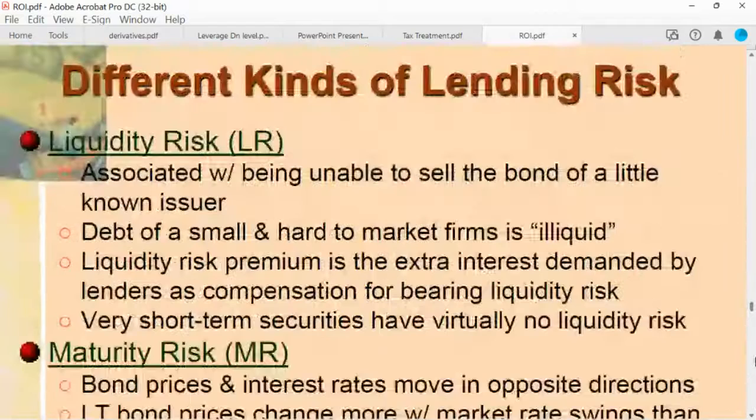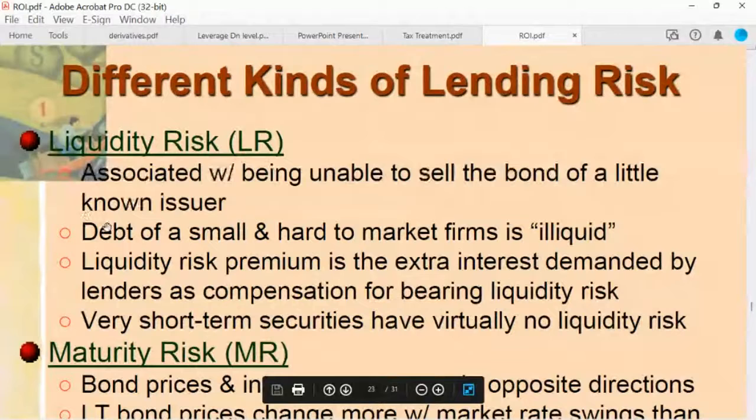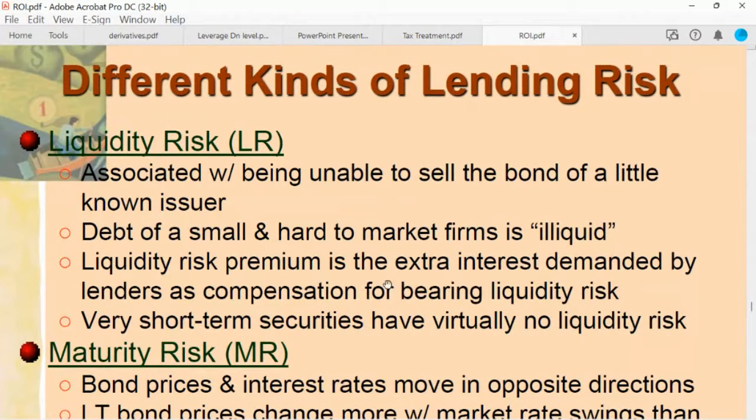So what is liquidity risk premium? What is liquidity, first of all? Liquidity means how easily you can convert any asset into cash. That's just the first level of definition. It can be defined on at least 3 levels.